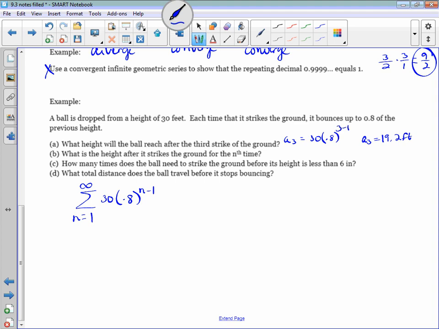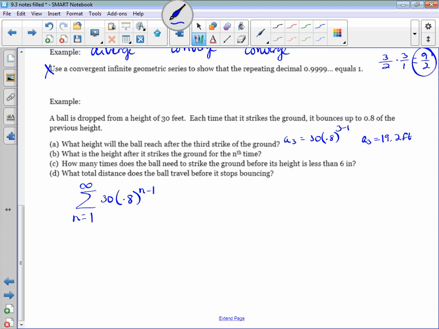No, you were just supposed to do 30 times 0.8 to the 3 minus 1. Like you're finding one specific term, that's if you're finding the sum. Like if I said, what was the total distance the ball traveled after 5 bounces? Okay. Yeah, I could possibly put those infinite ones on the non-calculator part though, so yeah.